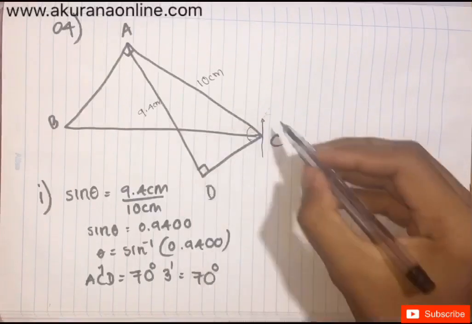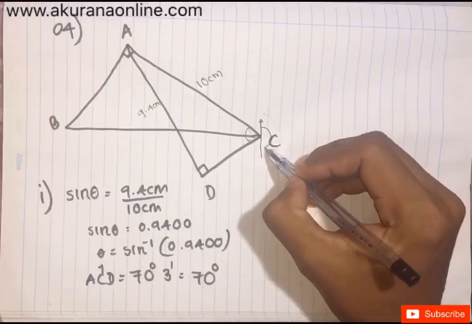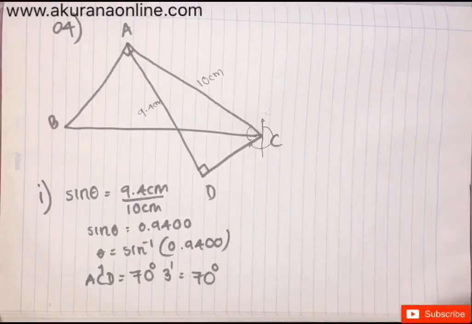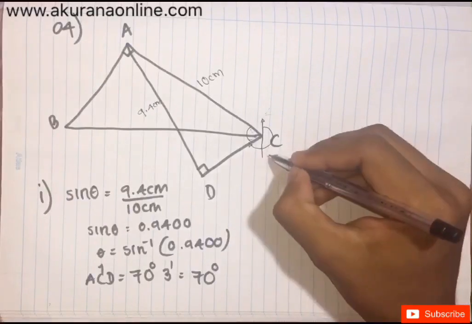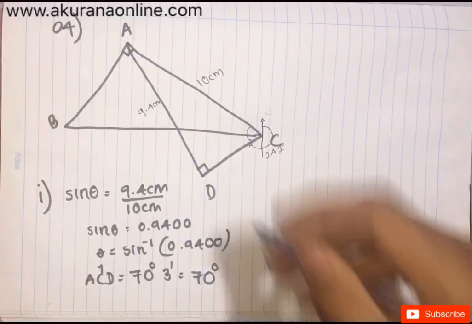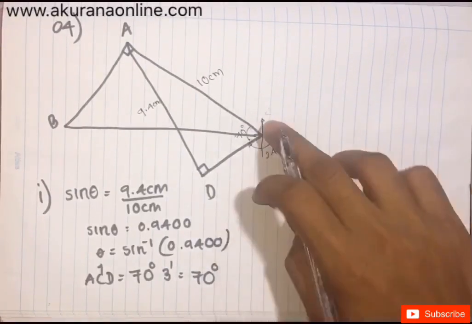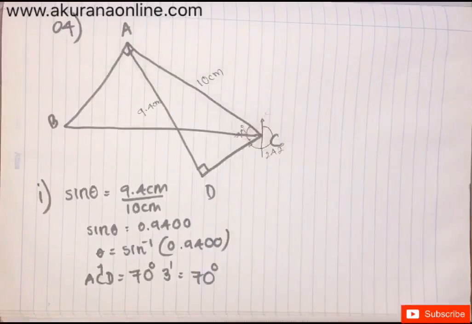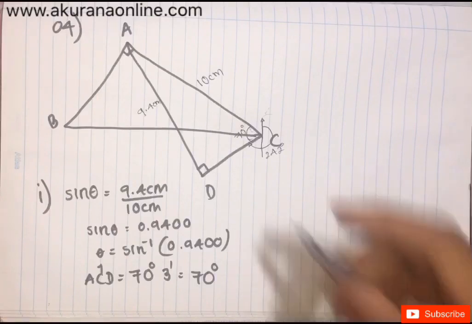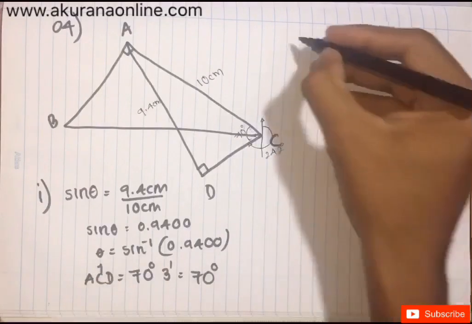From this point, from the north to this D, you have a bearing of 242 degrees. Also you know now this angle is equal to 70. Now you can find this inside angle also. Let us check the question. They have asked you to use this as 70. Now further calculations.